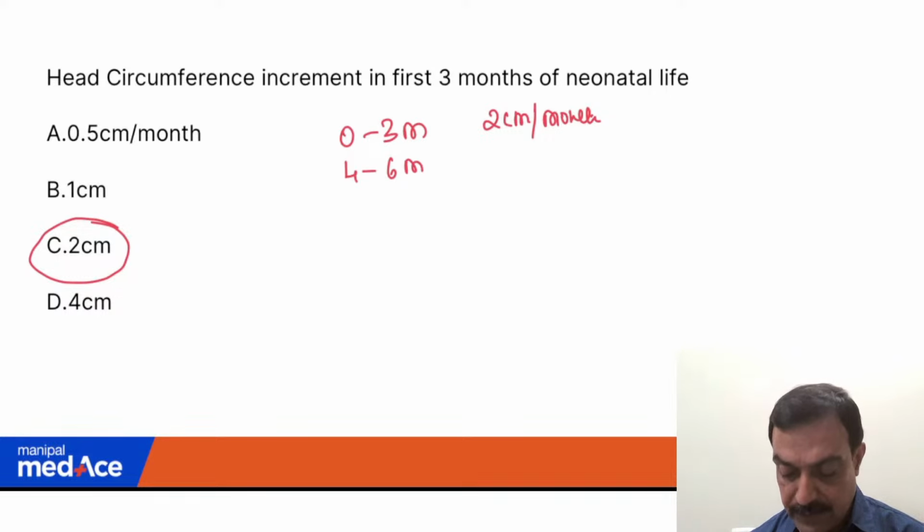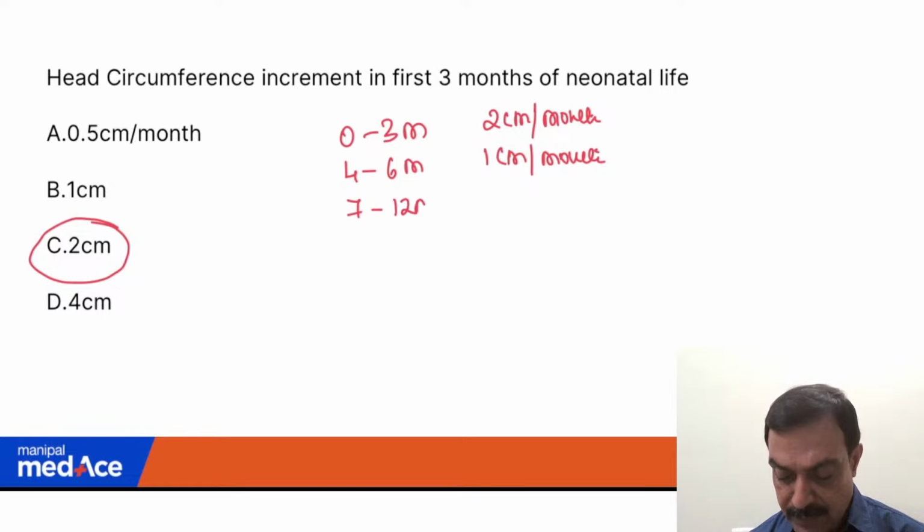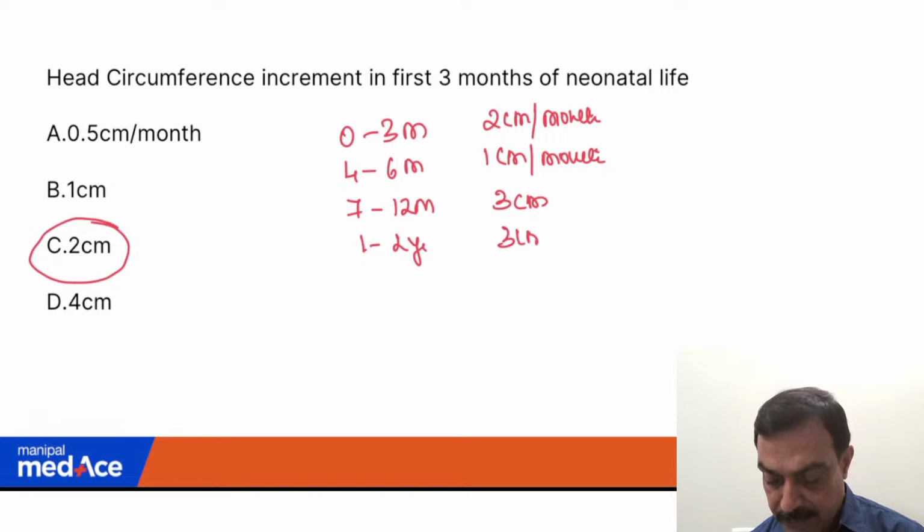From 4 months to 6 months, roughly 1 centimeter per month the head will grow. From the seventh month to 12 months, we expect 3 centimeter in total, or around 0.5 centimeter per month. And then from the first to second year, we expect another 3 centimeter.